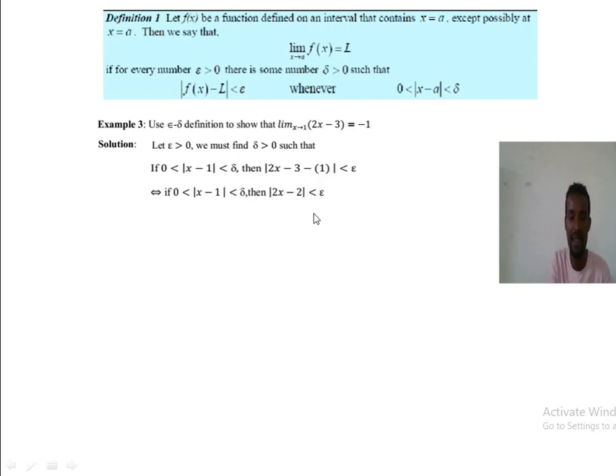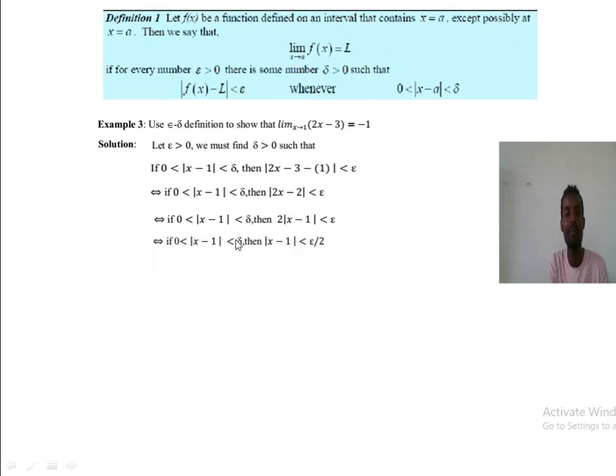Again, this is the same as if 0 is less than absolute value of x minus 1 less than delta, then 2 times absolute value of x minus 1 is less than epsilon. Why? Because in 2x minus 2 we have a common factor 2, so 2 times x minus 1, and the absolute value of 2 is 2.